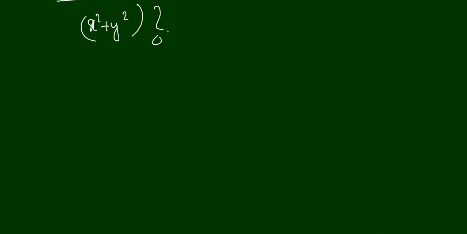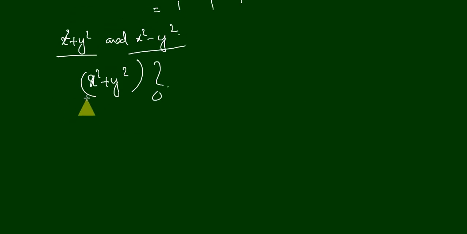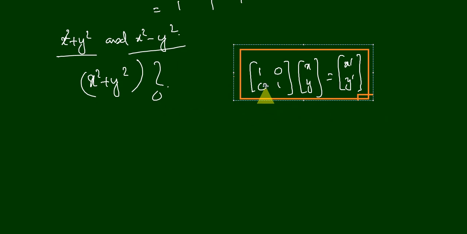Okay. So during E, what we are considering is what happens to x square plus y square. This is our question. So during the operation E, this is the transformation happening. First we are going to write what happens in E. So during the E operation, what are the transformations?